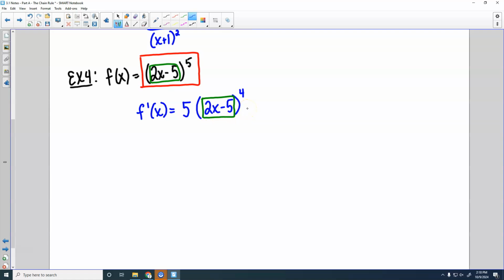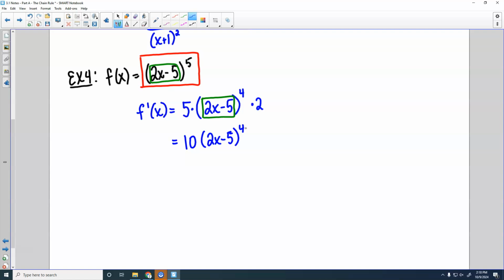What's that going to be? 2. Okay. Remember, all this stuff is multiplied together. So I can multiply the 5 and the 2 together, and I'll get 10 times 2x minus 5 to the 4th power.